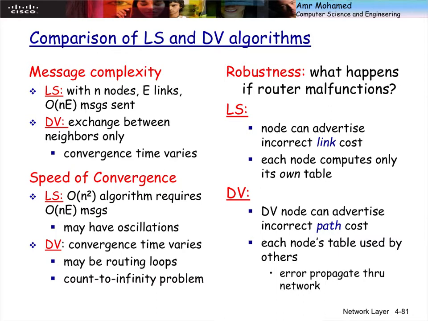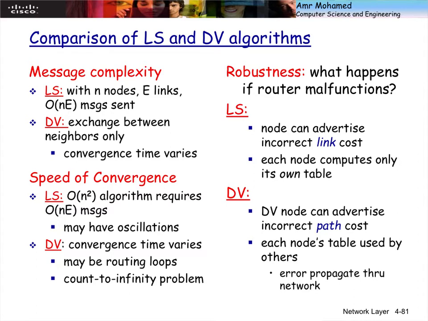Okay, so comparing link state with distance vector when it comes to message complexity. Message complexity means the complexity of the number of messages I need to send in the case of link state versus distance vector.